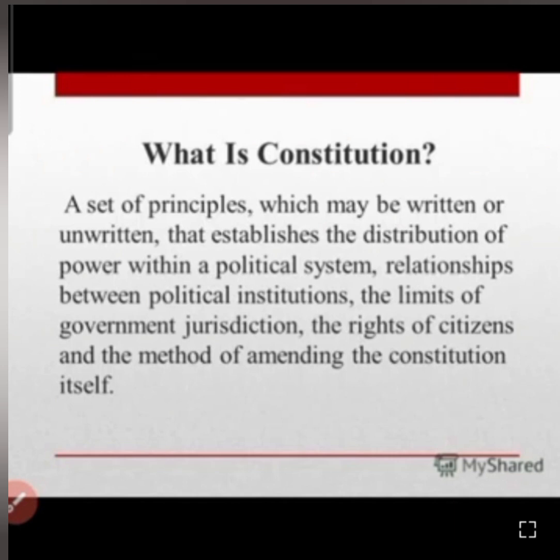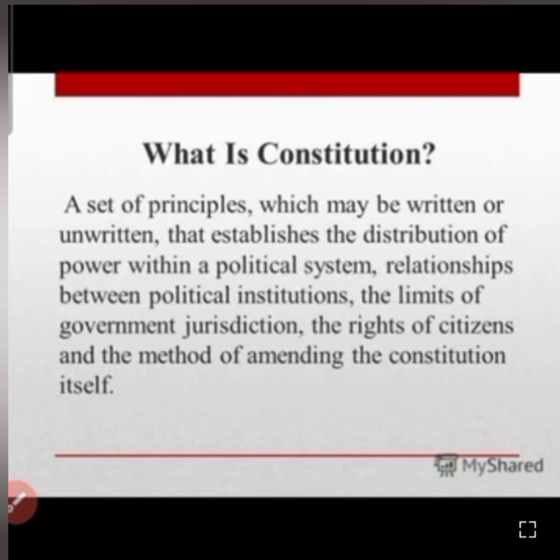You can also call constitution a set of rules that provides the framework and the basis for functioning of a society or a country. Now, what does the constitution contain? A constitution contains the limits of government jurisdiction.